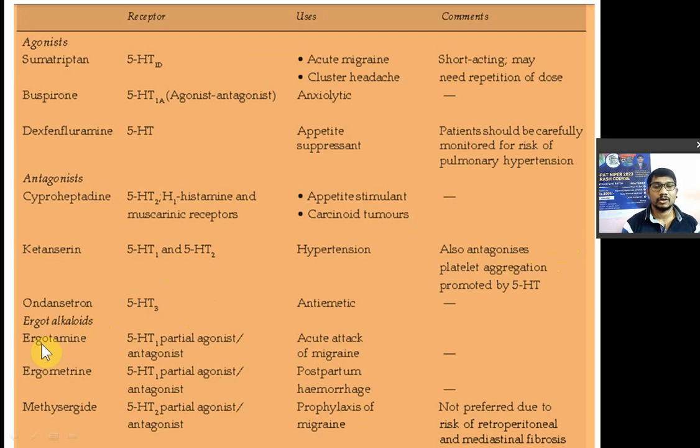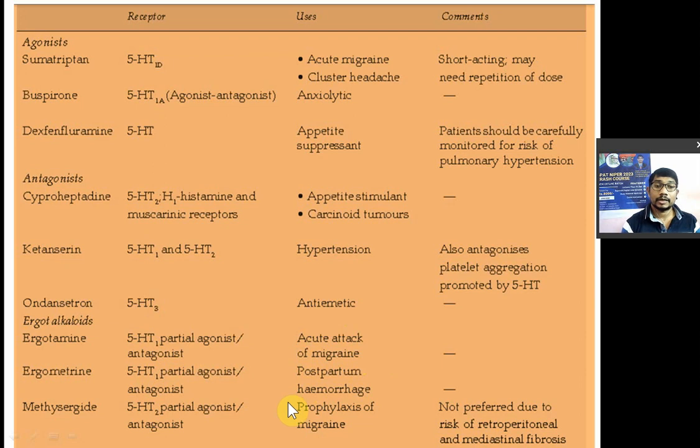Now ergotamine and the ergot alkaloids, ergotamine and ergometrine, are partial 5HT1 receptor agonists, and they are also called antagonists. Ergotamine is used in the acute attack of migraine, and ergometrine is used to control postpartum hemorrhage.